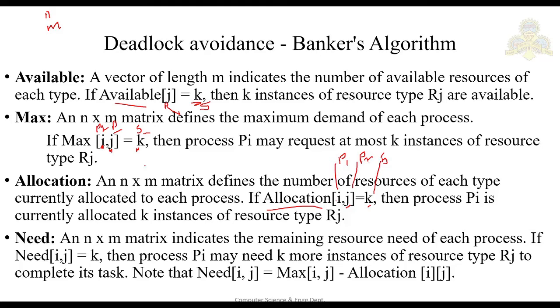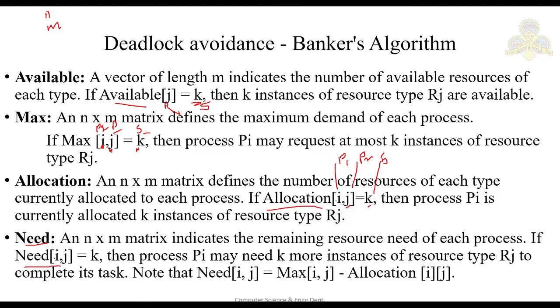Okay. So the next one is need. Need means the remaining resources, or how many more resources your process needs so that it can complete its execution. We denote that as need of ij is equal to k.